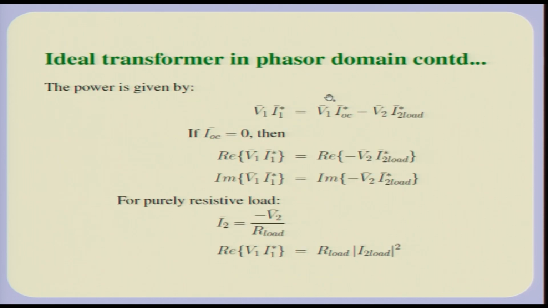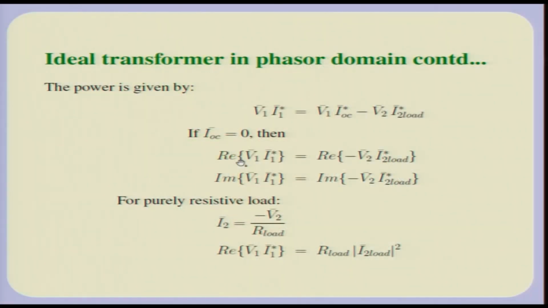So, what it really shows is that if the open circuited current is approximated to be 0, the real power which is demanded by the secondary is equal to the power which is drawn. So, the transformer by itself is a passive device, it does not supply any energy. Whatever real power is demanded by the secondary is actually coming from the primary. Okay. This minus sign of course is because we have taken the current flowing into the dot even on the secondary.